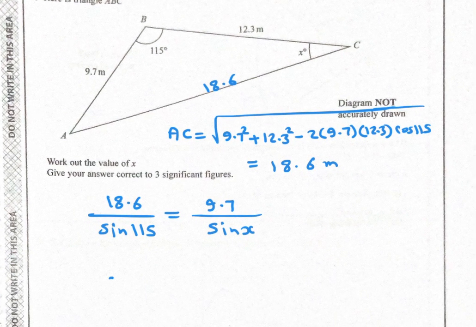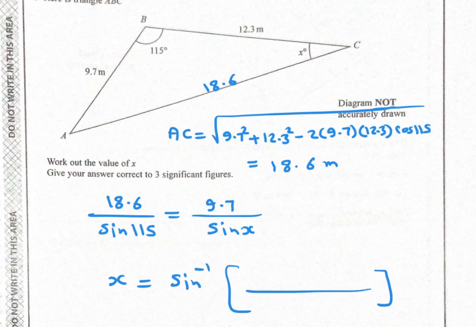Now to find x, cross multiply: sine x equals 9.7 sine 115 divided by 18.6. Then use shift sine to find the angle itself, which equals 28.2 to 1 decimal place, or to 3 significant figures.